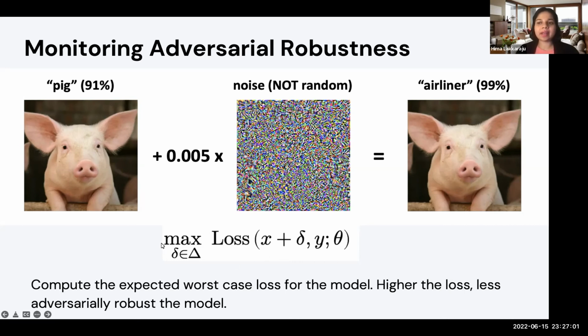If we compute this for all the points in the data distribution and then take the expected worst case loss across the data distribution, then that provides us with a measure of the brittleness of the model, right? So in some sense, the higher the loss, the more brittle the model is, and therefore the less adversarially robust the model is. Okay. So the thing that we want to compute here to measure the brittleness or the adversarial robustness of the model is the expected worst case loss of the model.